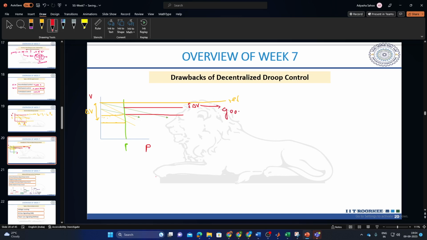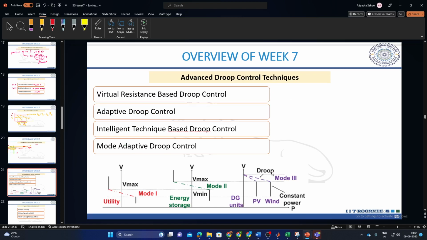So I can see that my delta V for this is this much. But in case of these green lines, what will be my delta V? It will be this drop, which is desirable. We don't want more voltage drop, right? This is good.